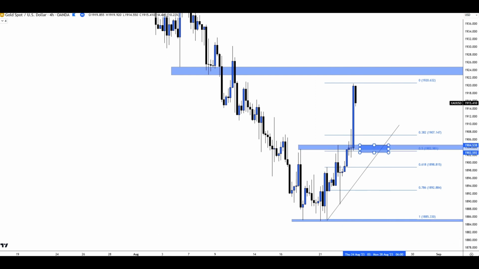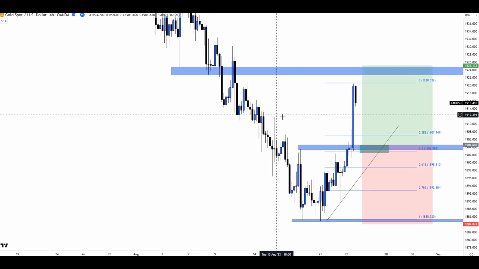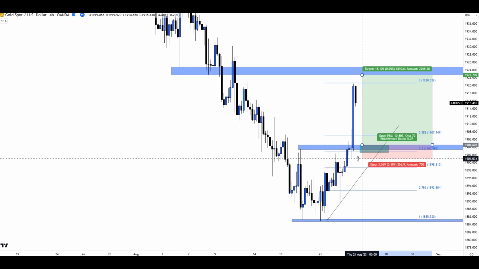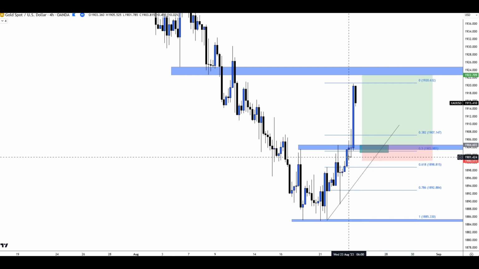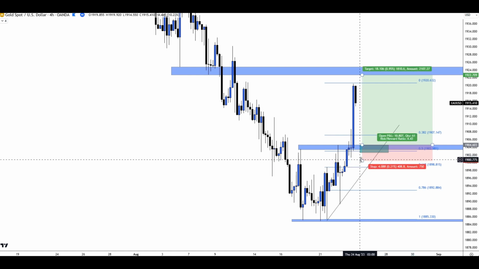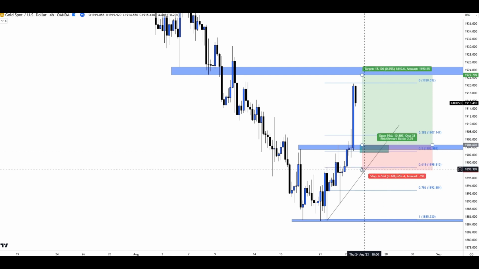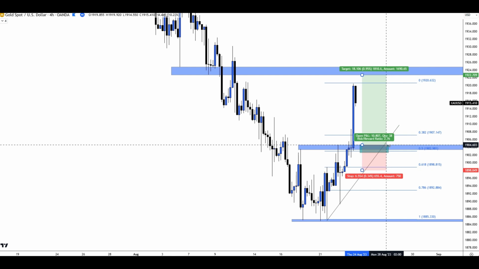So I might draw an area like so to say this is where my confluences lie. As always, you can put a buy stop here, target the next liquidity point if you'd like, and stop loss wise, it's completely up to you. You can put it below this little bit of structure on the lower time frames, below the trend line, below the fib, whatever you want to do.